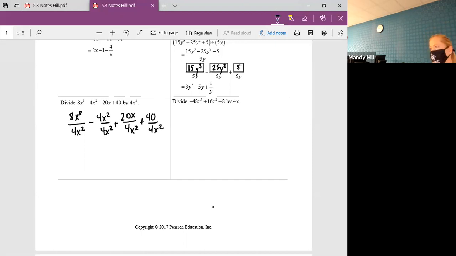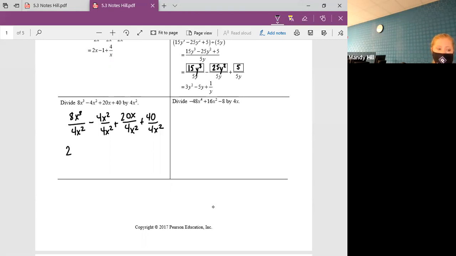Okay, then I want to take this one section at a time, and I always deal with the numbers first. 8 divided by 4, that's 2. Then do I have any of the x's that will cancel out? Yes, 2 of these x's on the bottom will take away 2 of these x's on the top.